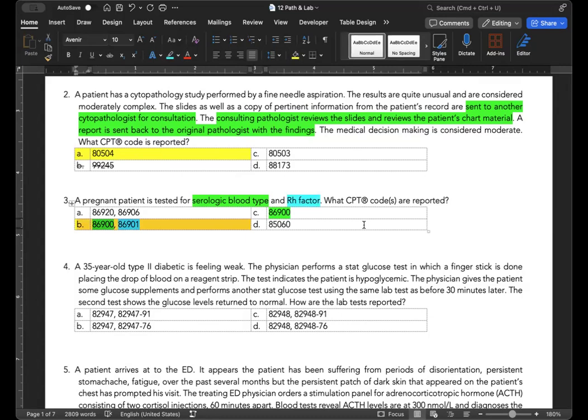And they think that, oh, that's just a single test. But no, you have to run two tests. You're going to have one that's going to tell you your type A, AB, B, or O. And then you have a second that's going to tell you whether or not your RH factor is positive or negative. Okay. Any questions on that one?